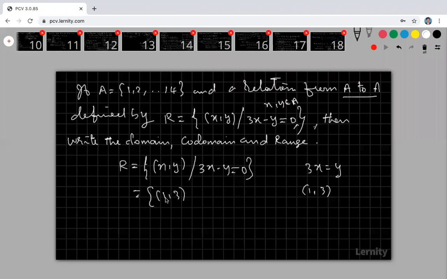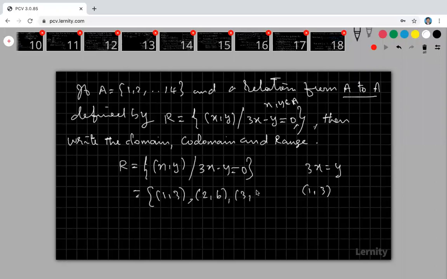Don't take it as 0, or minus 1, or minus 2. Not possible. The first element is 1, that is what I am taking. When my x is 1, then y is 3, and only then 1 comma 3 satisfies this equality. Now come to that, apply 2, 2 into 3 is 6. So if you apply 2, my y is 6.